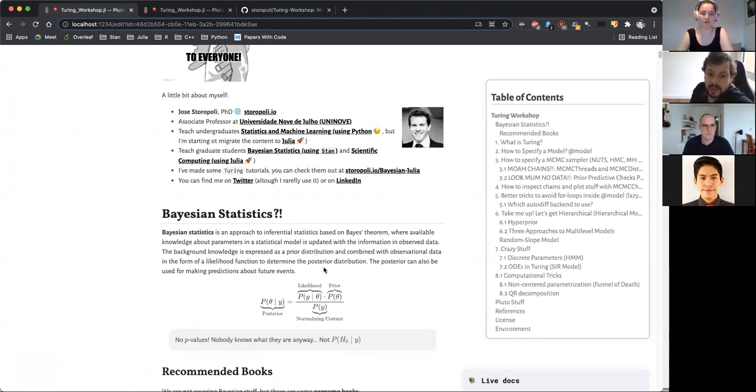You can use the posterior to understand your whole parameter density and the whole data generative process that you are interested in, or you can use it to make predictions about future events. People in machine learning are not interested in inference, they just want the prediction. But with Bayesian statistics, you can do both.